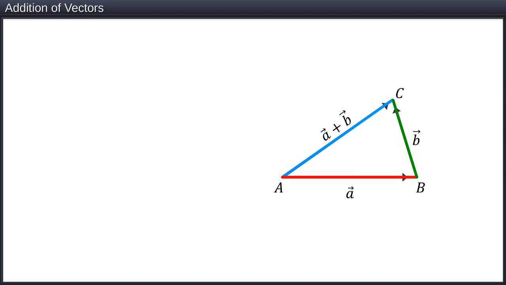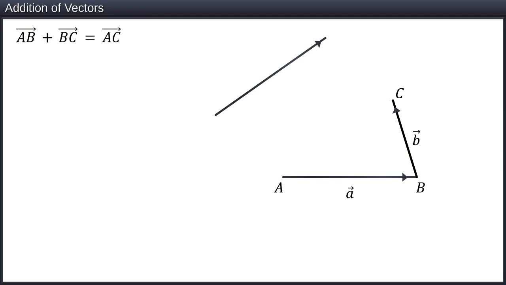Observe that the terminal point of vector AB and the initial point of vector BC are the same. Upon adding vectors AB and BC, the resultant vector is AC, whose initial point is A and terminal point is C. Let us reverse the direction of vector AC to get vector CA.